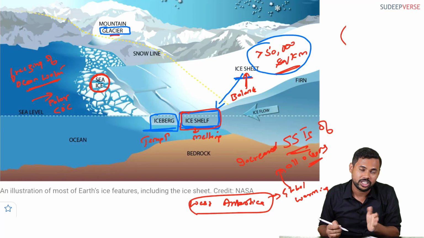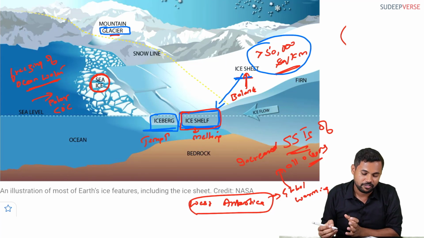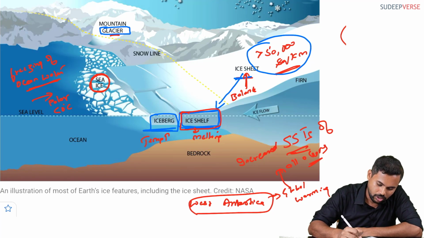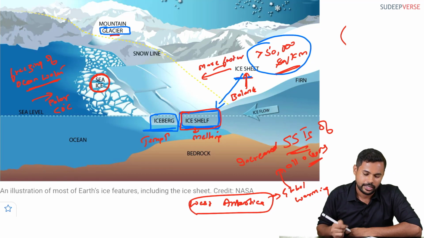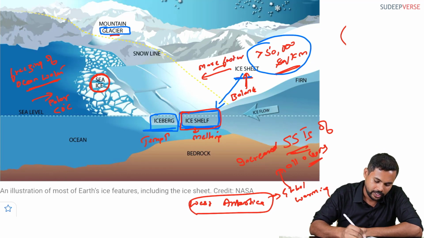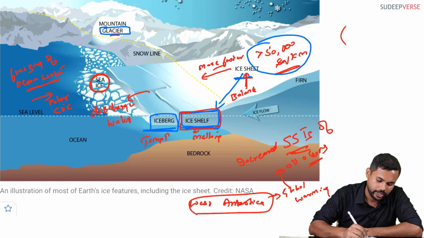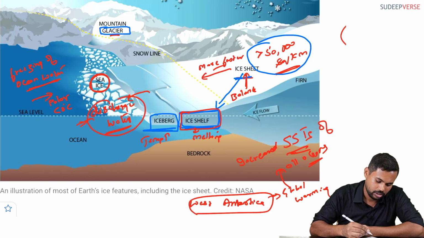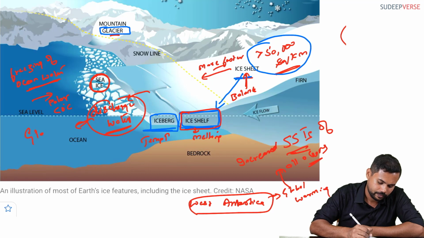Now if the ice shelves melt, then the glaciers or the ice sheet will move faster, and if it moves faster into the ocean, it will discharge water. If it discharges more and more water into the ocean, obviously it will result in global sea level rise.